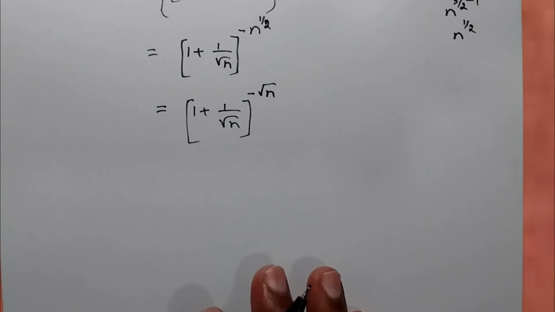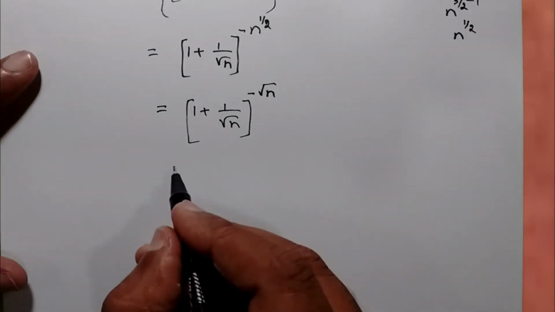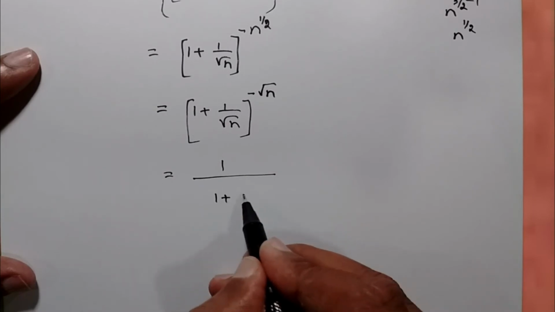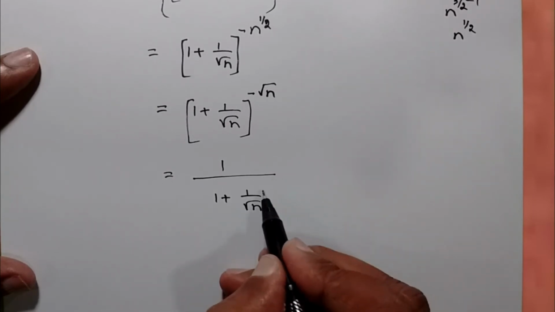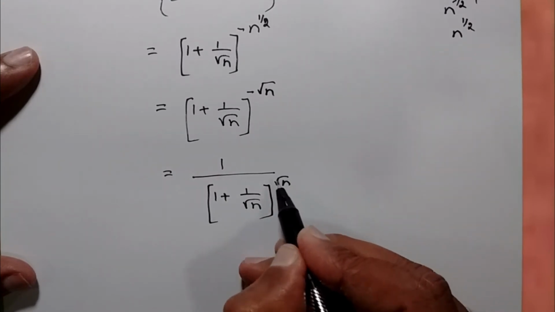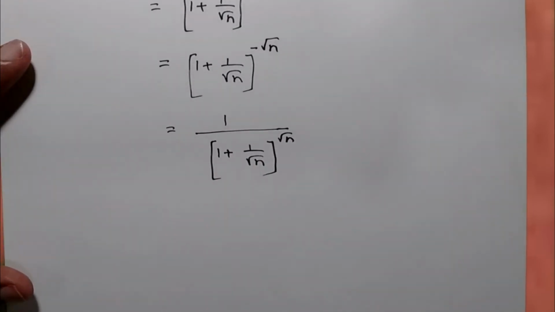That is how you can write. Or if you want to eliminate that negative sign, you can rewrite this value to be equal to 1 by 1 plus 1 by root of n to the power of, the negative power will become positive power.